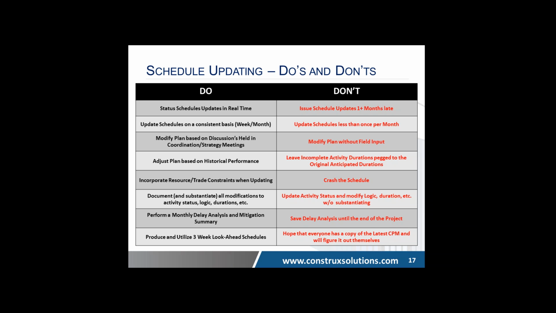So if you don't have those logical ties in that take into account where crews should be moving, based on how many people you can get into your project at once based on the market or based on the size of the area, you're going to risk some overlapping, some trade stacking, which is infeasible. And again, you're put in a situation where your schedule is telling you something that's not going to happen, and then you'll be surprised at the end of the day when you're delayed, as will the owner.